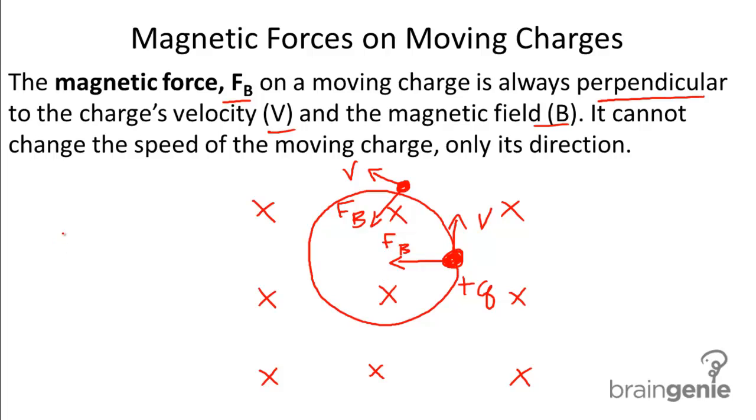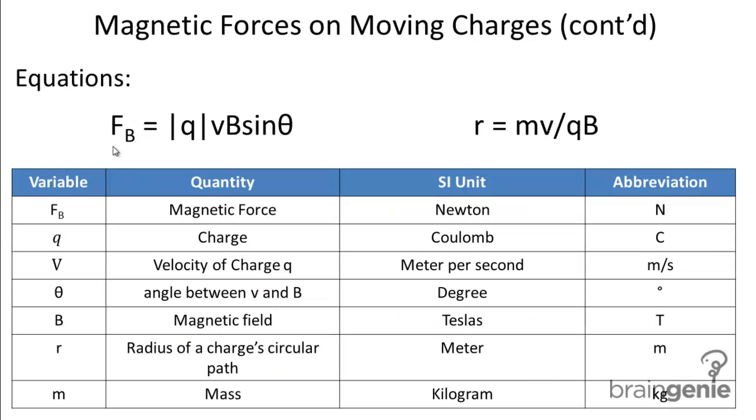Now, we can determine two important measurements. We can determine the magnitude of Fb, and we can also determine the radius of its path, r, given in the next screen. So here are the two equations.